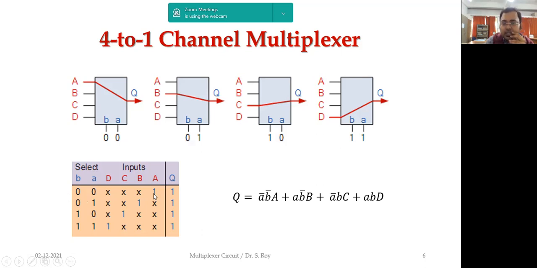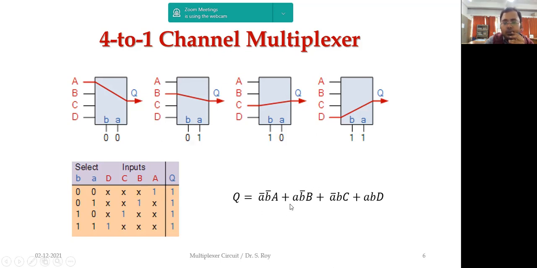So from the first condition, we get the first product, that is small a bar, small b bar, capital A, because the condition of the select lines is 0 0, and 0 means a bar. For the second condition, whenever the select line is 0 1, that means small b is 0 and small a equals 1, and B is connected.